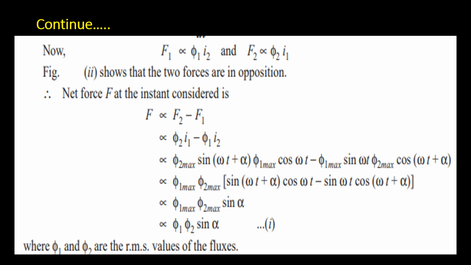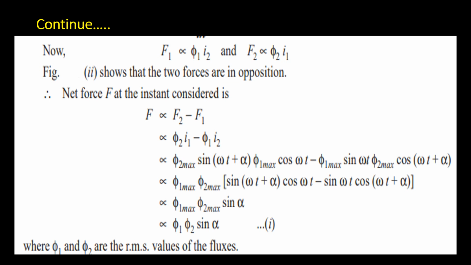Now take the common terms together. So we will get net force proportional to phi1 max into phi2 max into sin omega t plus alpha into cos omega t, minus sin omega t into cos omega t plus alpha.